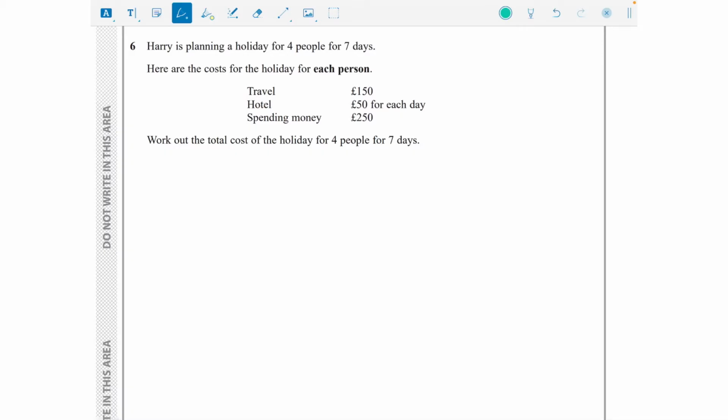So the travel is £150. It doesn't matter how many days you're going for, the travel's going to be £150 per person. So we can put that down there. The hotel is £50 for each day, and we're going for 7 days. So we can't just add on 50, we need to do 50 times 7 to work out the total cost of the hotel for the 7 days that we're there. So 7 times 0 is 0, and 7 times 5 is 35, so that would be £350.